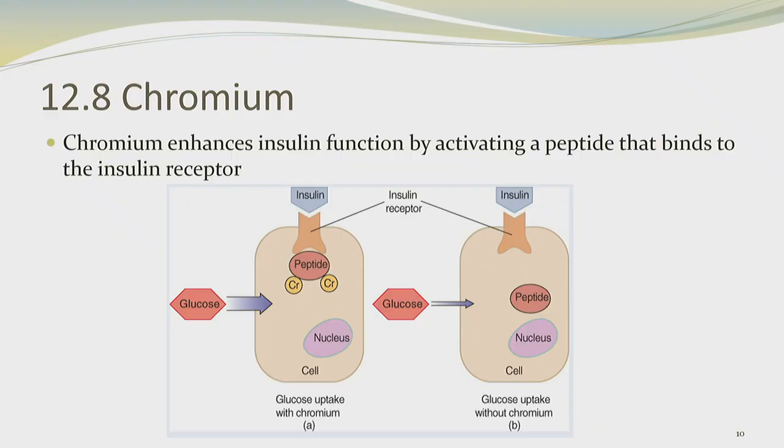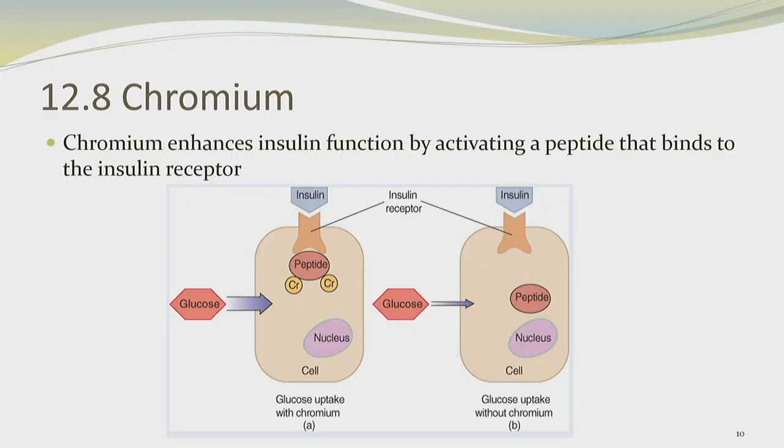So one other trace element that we'll be looking at here is chromium. One important thing that we are highlighting is that chromium enhances insulin function by activating a peptide that brings it to the insulin receptor. So chromium is required to ensure that insulin is functioning properly.